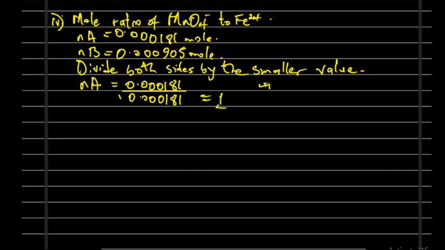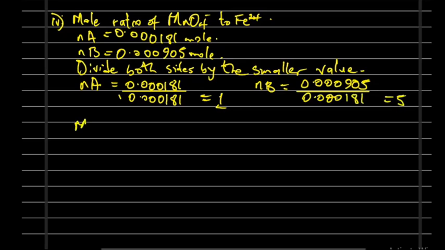And here we have our NB, 0.000905 divided by 0.000181, and that is going to give us 5 when we do the calculation.